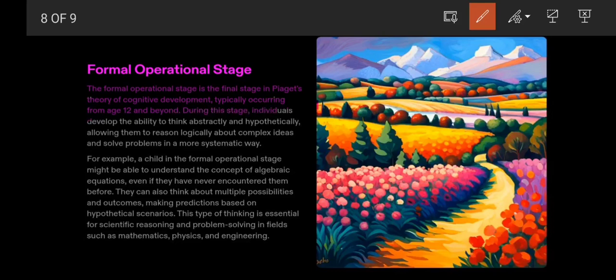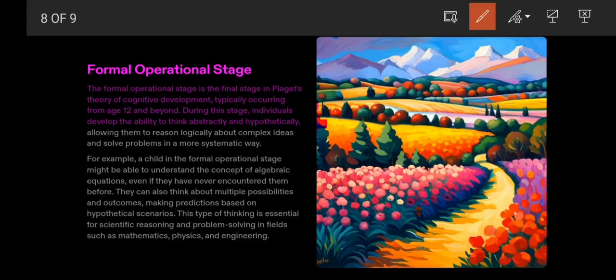During this stage individuals develop the ability to think abstractly and hypothetically. In the concrete operational stage the child develops the ability to think concretely, which means if something is present in front of the child, then he can understand it. Here abstractly means imaginative thinking.